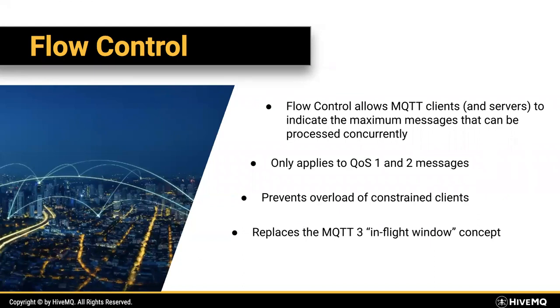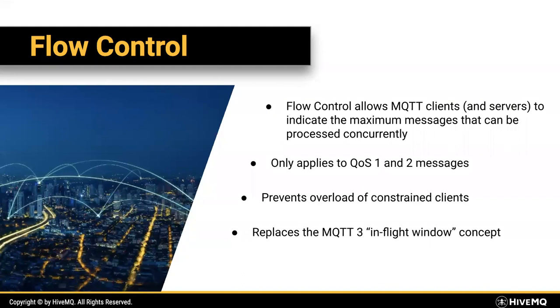Flow control allows you pretty easily to say, okay, each client is only allowed to have, let's say, 10 messages flowing in and out at the same time. The server or the client needs to wait until producing a new message until the old message is acknowledged.